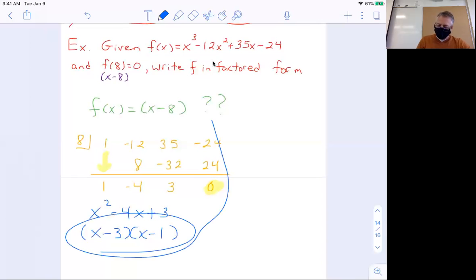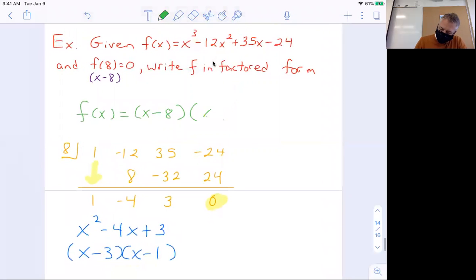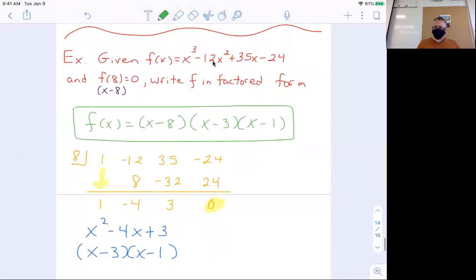We'll put those up top, and then that's going to give us our answer. So x minus 3 times x minus 1. So we've written it in factored form.